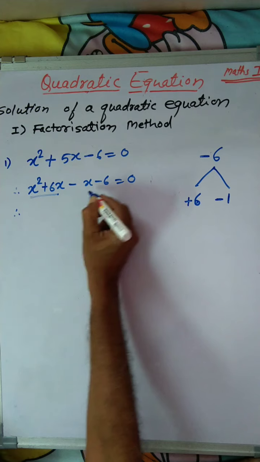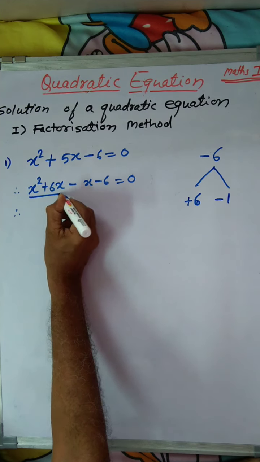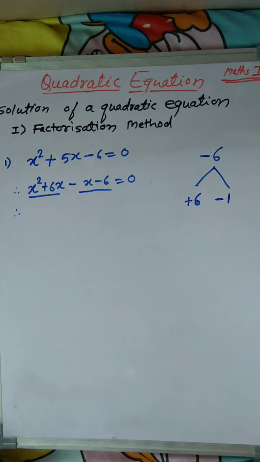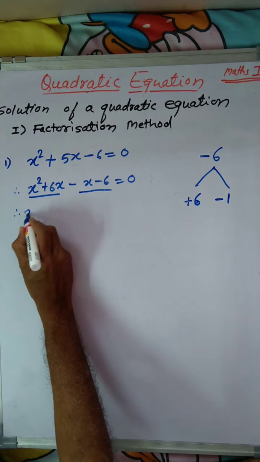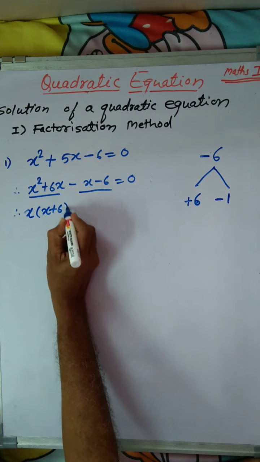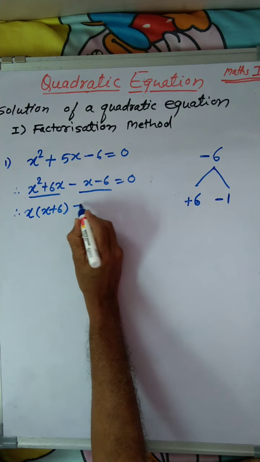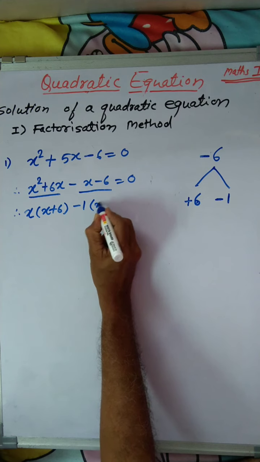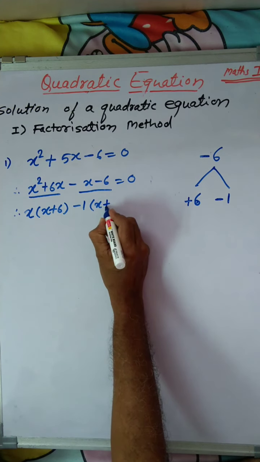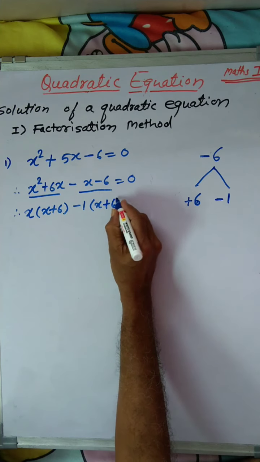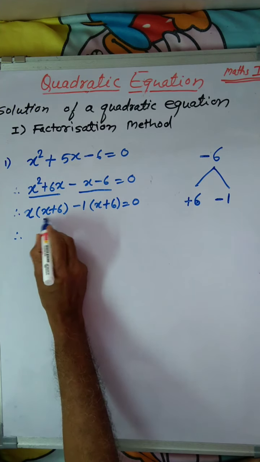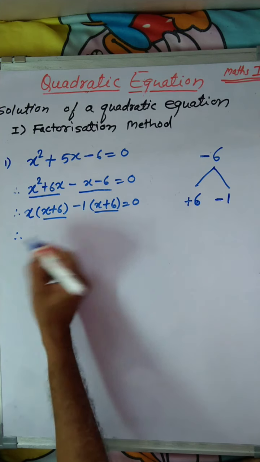Now we take two terms together and take common. Here x gets common, x plus 6; here minus 1 gets common, and hence the negative sign gets common. That means we have to change the sign of 6, that is plus 6, is equal to 0. Hence in the first bracket x plus 6 is the same.